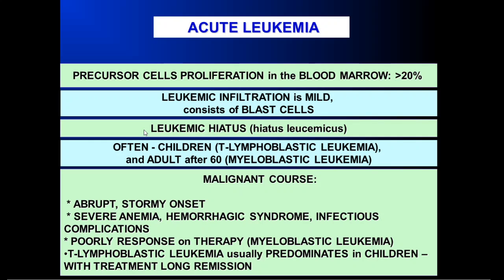Next important feature, leukemic hiatus. It's a common question during the seminar, and also this is a common question in your MCQ test as well. What is it? Leukemic hiatus means that we do not have middle matured cells in the blood. What I am talking about?